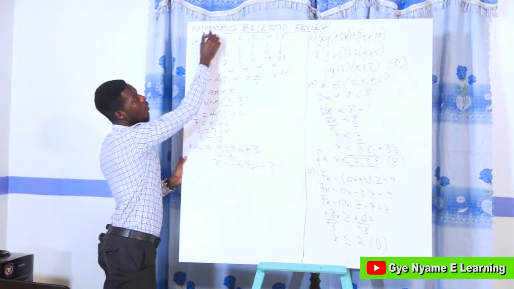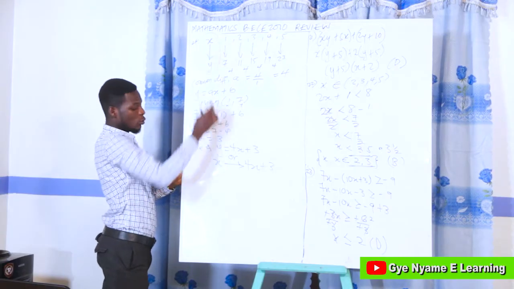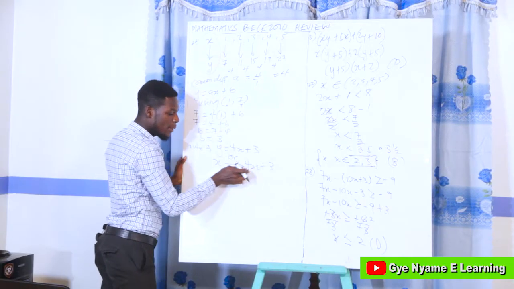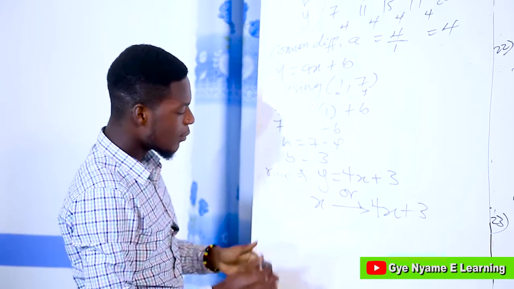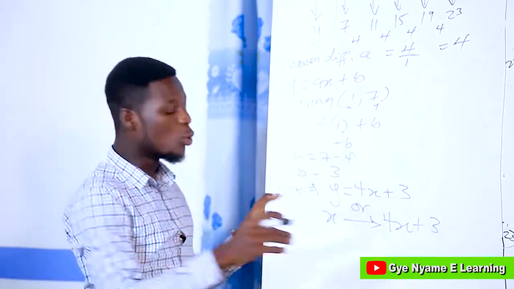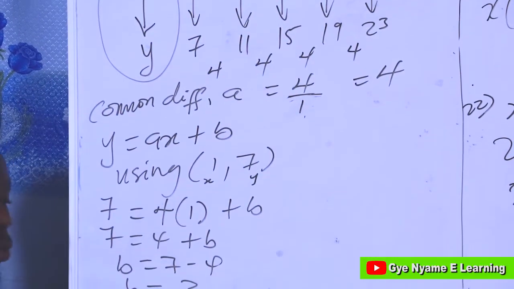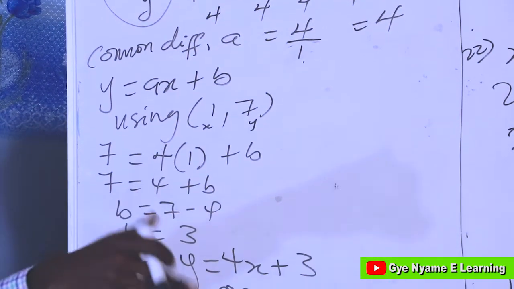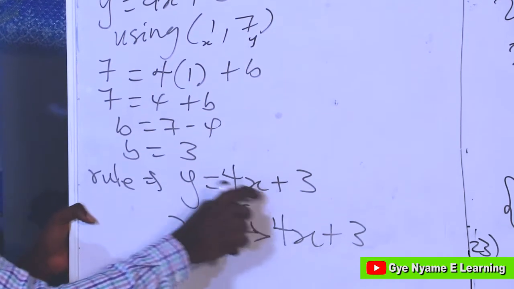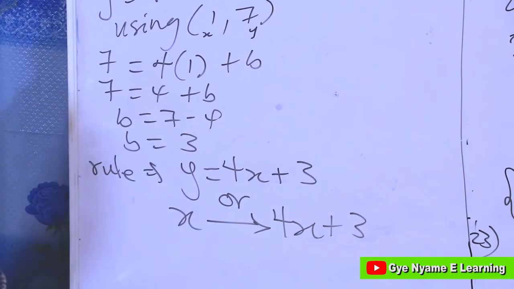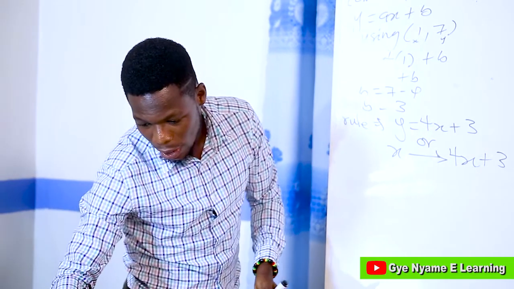Look here, x maps to y. So when I say x maps to this, it means this is equal to y. So this is written as this. Most often when you have to find the rule, you are expected to write the rule in this way. But when you are using the rule to calculate values of the codomain or domain, you have to use this one, x and y.